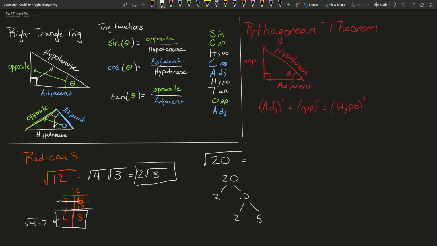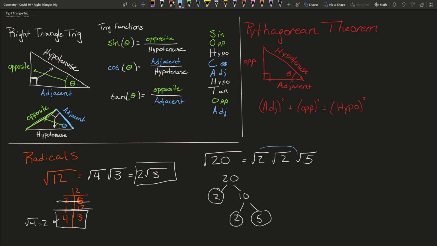So we can rewrite the square root of 20 as the square root of each of these factors. And whenever something repeats, they come together to just form that one number.